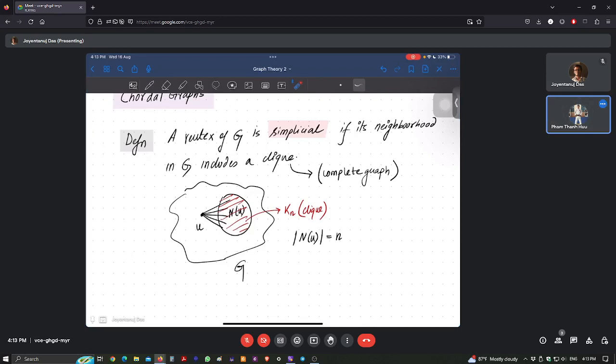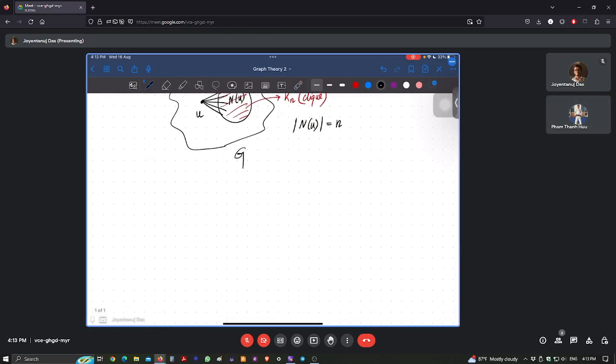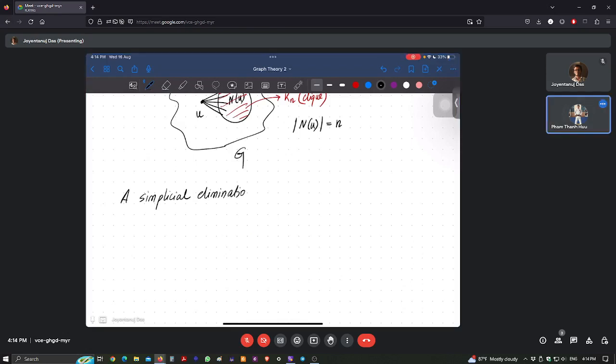Right. So the next definition is a simplicial elimination order. This is one more definition.